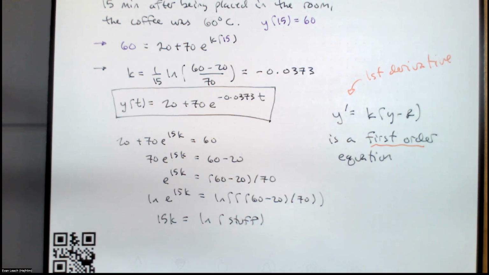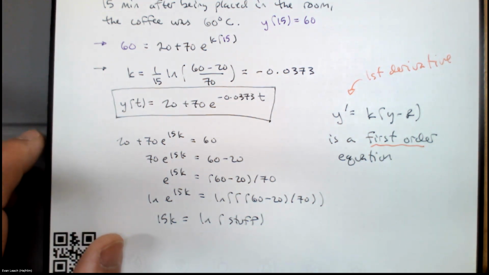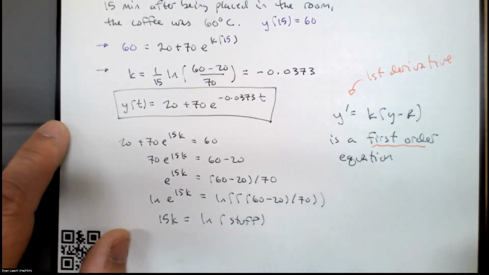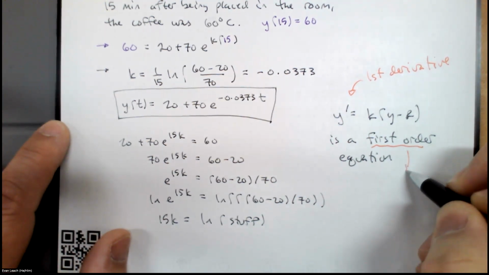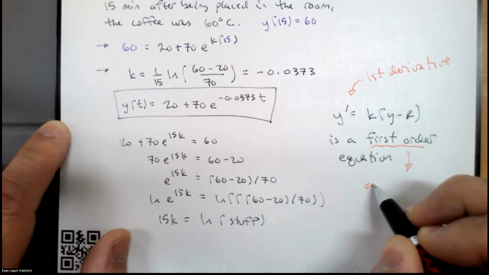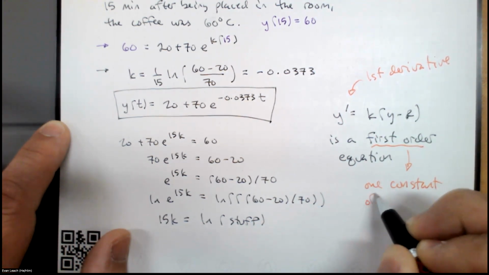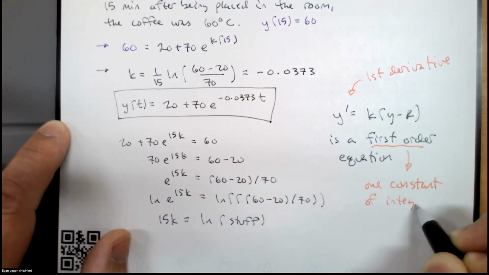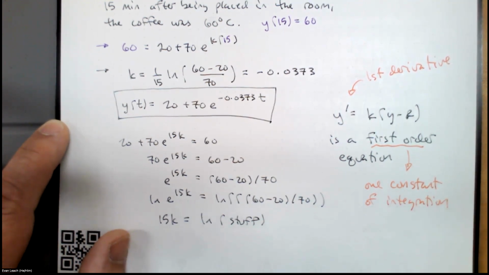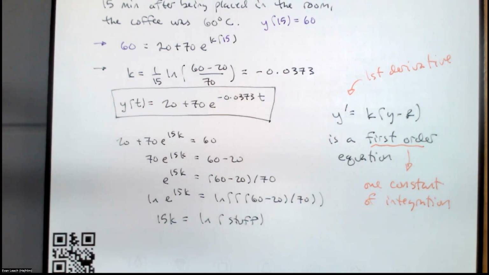When we solved our first order equation, we had one arbitrary constant. It led to one constant of integration.